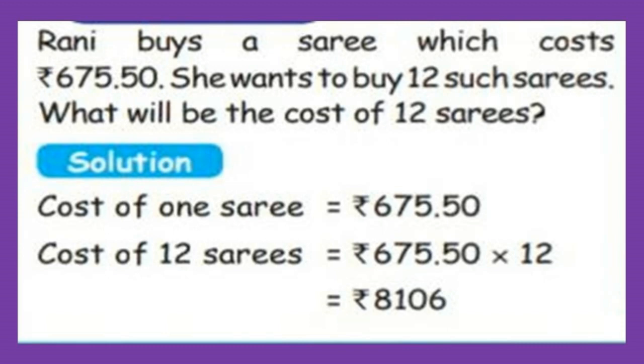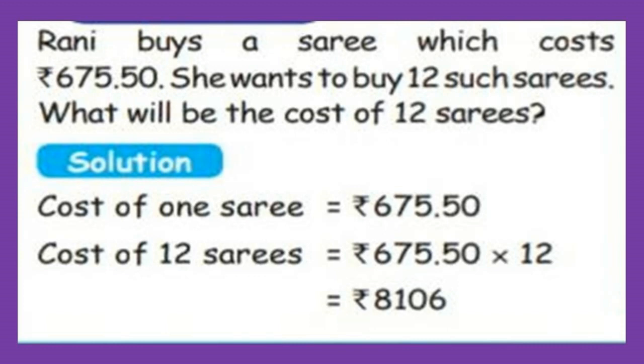Rani bought a sari for 675 rupees 50 paise. She wanted to buy the same sari, 12 saris she wanted to buy. Let us see what is the cost for 12 saris. The solution is, the cost of one sari is 675 rupees 50 paise.